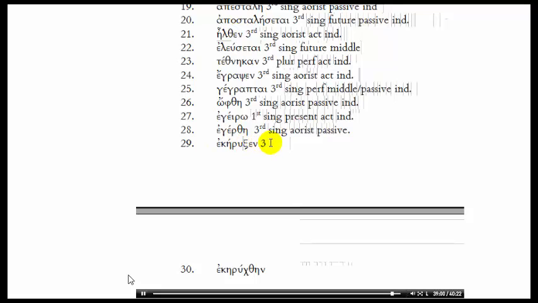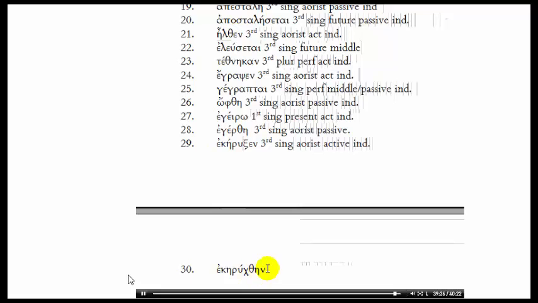So in the n ending, third singular, aorist, active, indicative. Third singular, aorist, active, indicative. Keruso, keruxo, ekeruxa, kekeruka, kekerugmai, ekeruchthen.